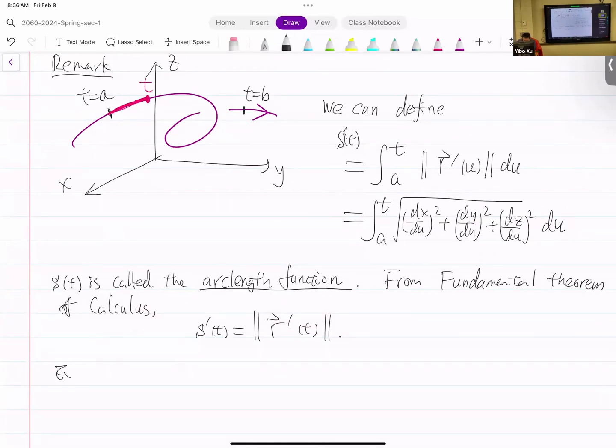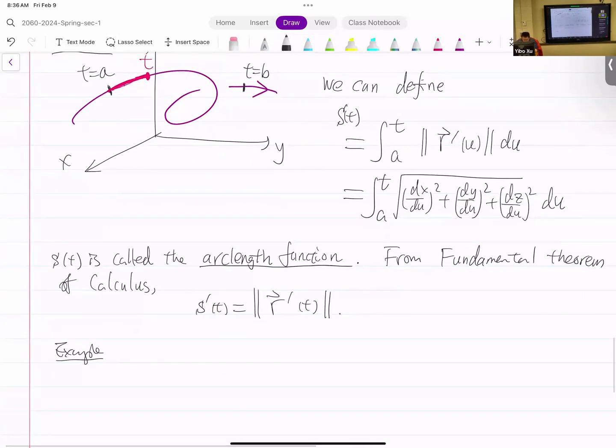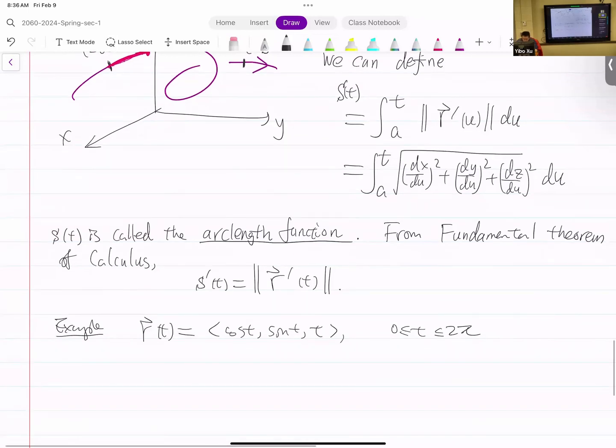Example. So if you think about that helix we just did, when we have r of t equals cosine t, sine t, t, where t goes from 0 to 2 pi, this arc length function, little s, is going to be the integral from 0 to t, right?